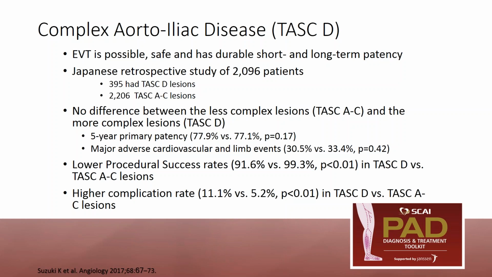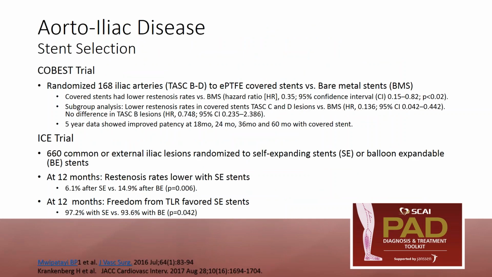These are very complicated procedures that need to be done either in tandems and teams with high operator experience or with single operators with excellent experience in this arena. And be prepared for any complications that occur, such as aortoiliac rupture or vessel rupture, as these can be fatal in this patient population, especially given the size of these vessels. So what about stent selection?